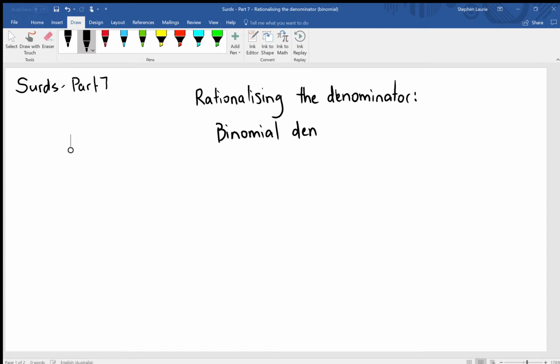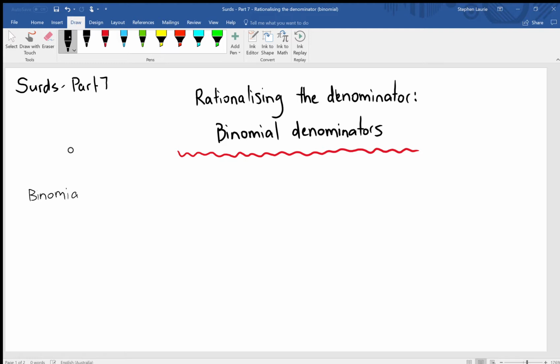And the difference is that monomial denominators only have one term, whereas binomial means two terms. And we saw binomial with surds for the first time in part 5. So let's just recap, let's just write what binomial means. Binomial means there are two terms.